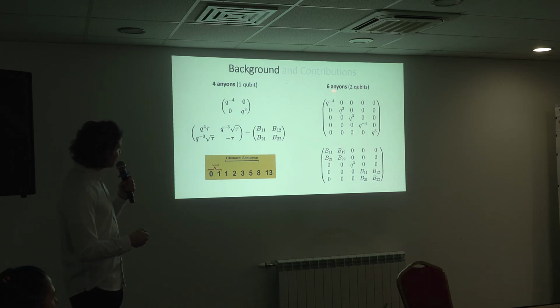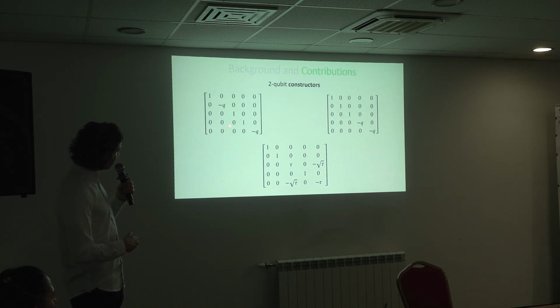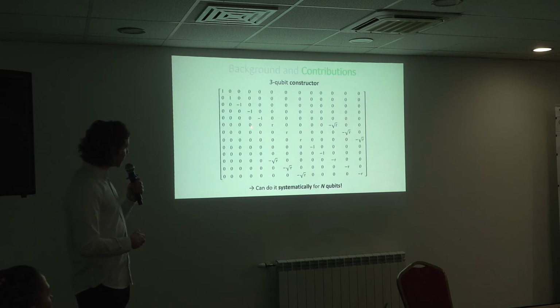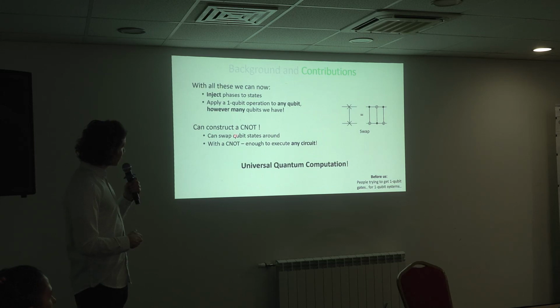So for example, 6 anyons is 1, 2, 3, 4, 5, 6, so that's number 5. 5 by 5, yep. You see these ones here? So they look a bit ugly, like slightly, but I can transform them into these two and basically inject whichever states I want to whichever qubits. I can do it for 3 qubits too, and yeah, so that's the last slide.